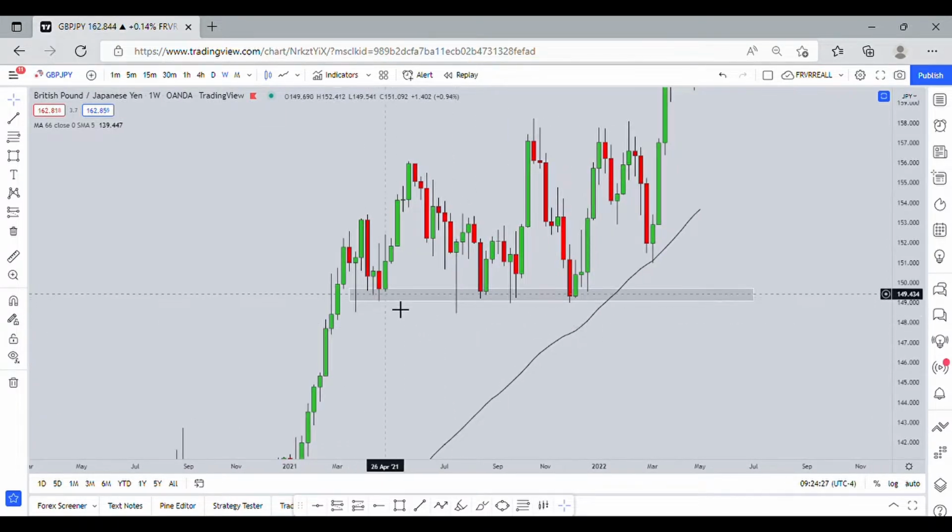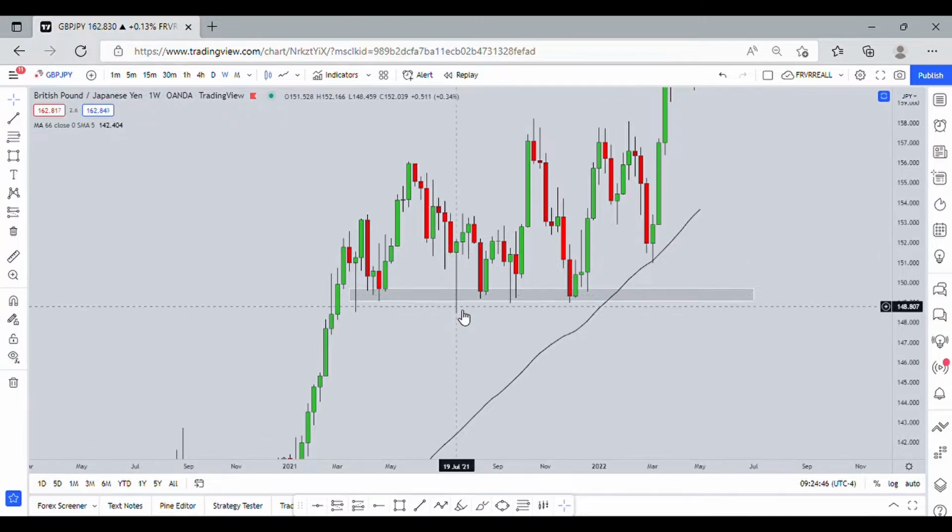So for me, this is what I see, and you see the price is being respected here. First of all, the price came here, and you started to see exhaustion, and then price spikes up. Same thing here. Price comes back and spikes up during the same week.